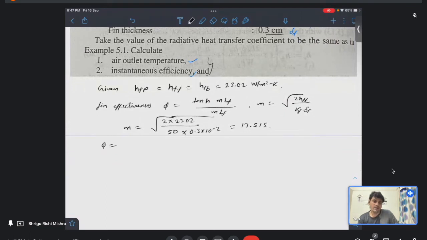Now we can calculate the phi. Again, tanh is e to the power 2x minus 1 by e to the power 2x plus 1, we can use that formula to calculate this phi.